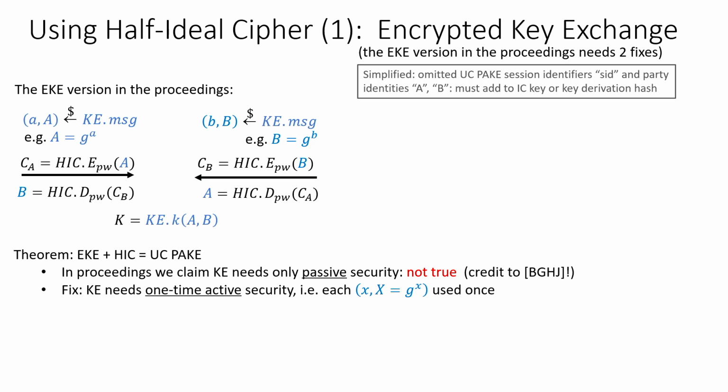Here is the theorem, that this construction on the left compiles passive key exchange to PAKE. That doesn't seem true, and thanks to Manuel Barbosa, Kai Kellert, Julia Hesse, with whom we are doing some follow-up work, we realized this is not true.